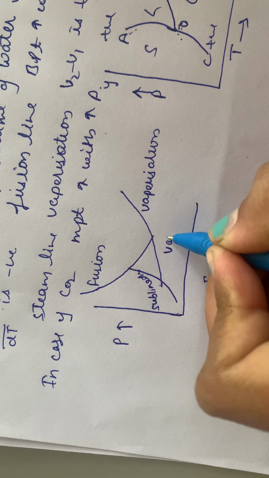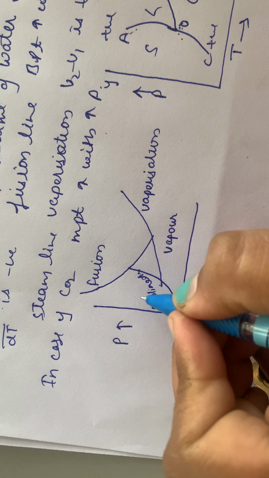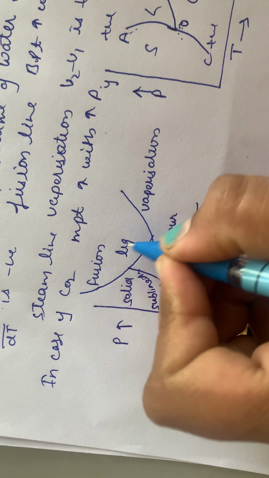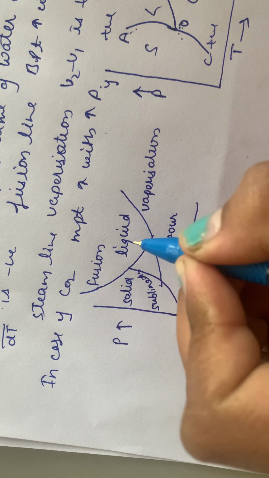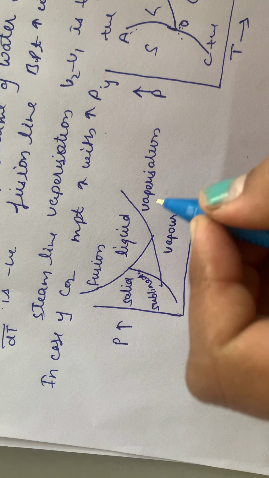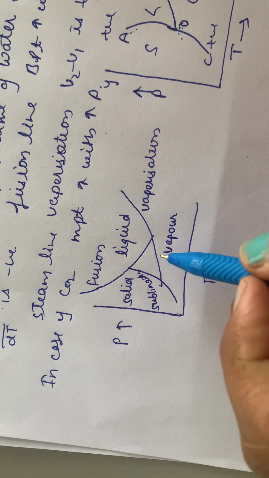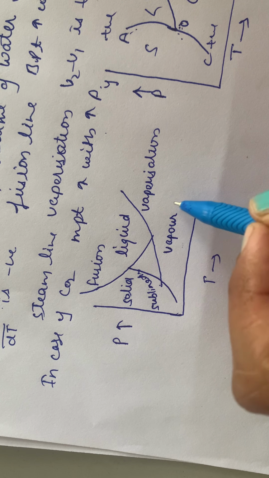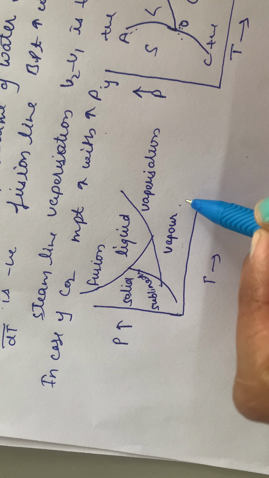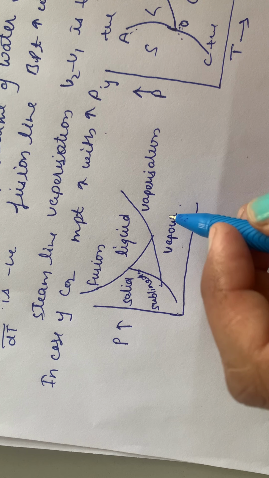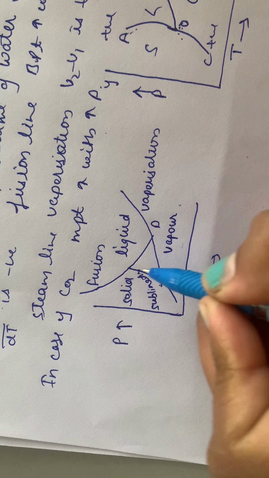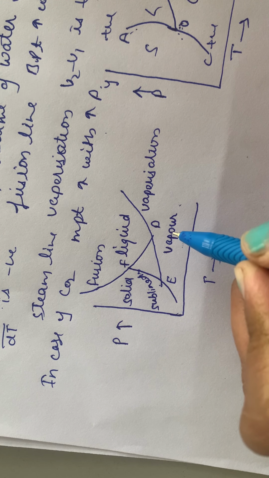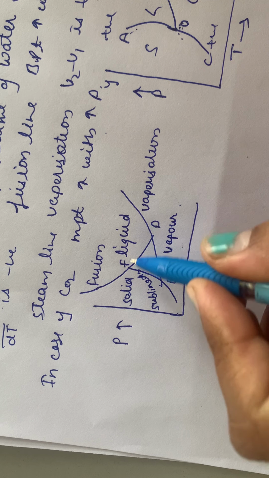Vapor, solid and liquid all meet at one point. If the three lines do not meet at a point, let them meet at different points D, E, F. Consider a point inside the triangle DEF.